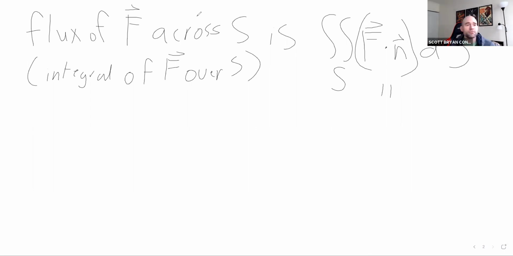But another way of writing this is the integral over the surface S of f dot d vector s.